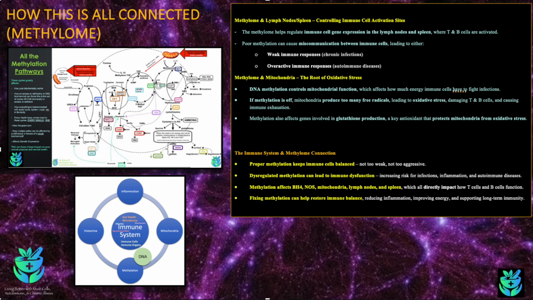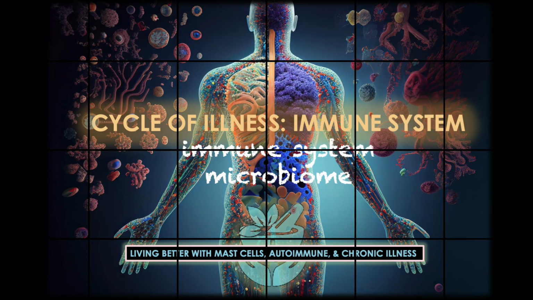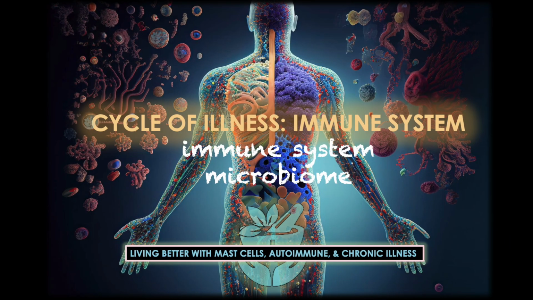I have done my absolute best to try to illustrate all of this and educate both patients and doctors alike so that they can understand how everything ties together, because medicine is compartmentalized. The body is not. All right, this concludes part 1 of the cycle of illness immune system.